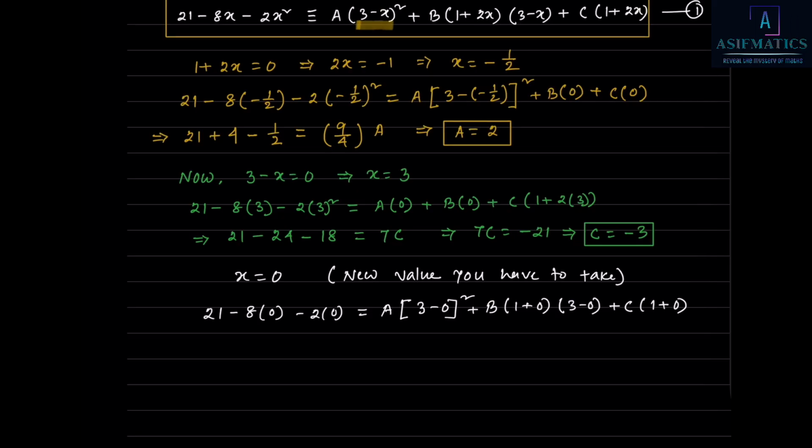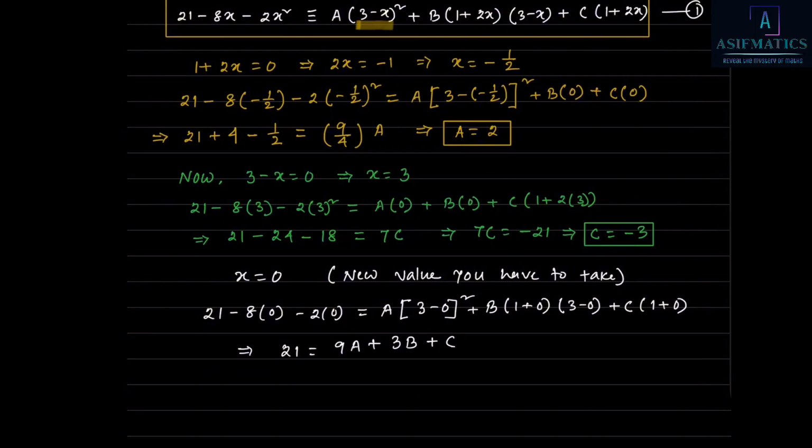All right, so from here we get 21 equals 9a plus 3b plus c.